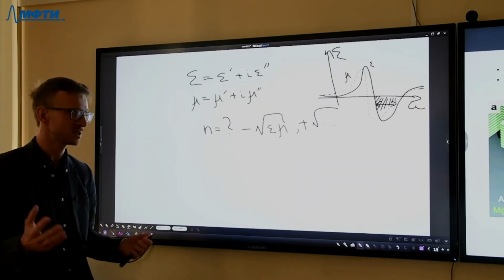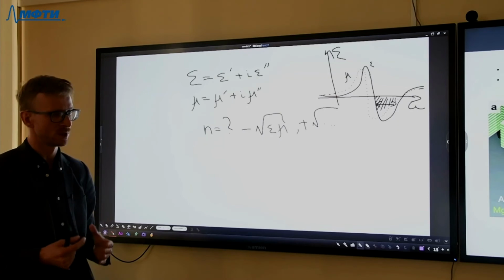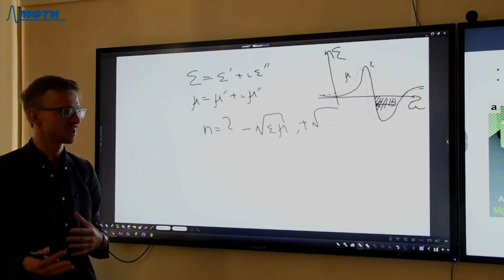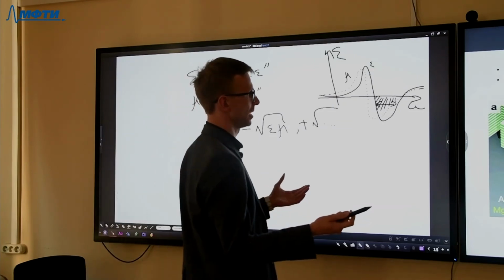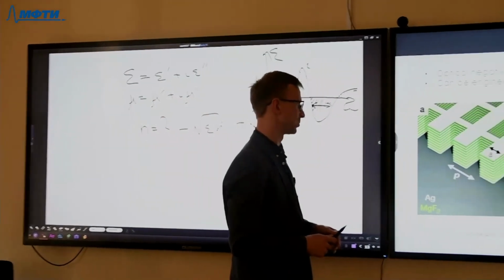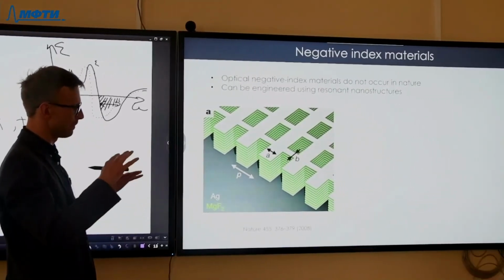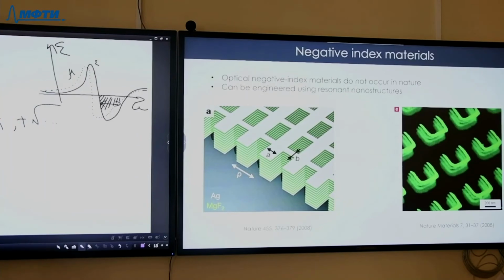But nonetheless, there are certain ways to engineer negative index materials using nanostructures that possess electric and magnetic resonances at the same time, and usually there are some periodic structures incorporating nanoresonators, some mesh structures, some blocks, some U-shaped resonators, and so on and so forth.